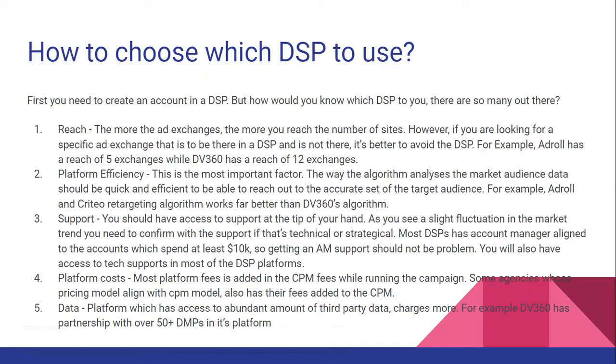Platform costs. What happens is when you use a platform, it's not like a SaaS tool where you pay an upfront fee before running a campaign. It's pretty much hidden in the CPM model. So, for example, you are bidding in the market for $5 per thousand impressions, and the platform fees might be, let's say, 10% of $5, and that will be added to the CPM.